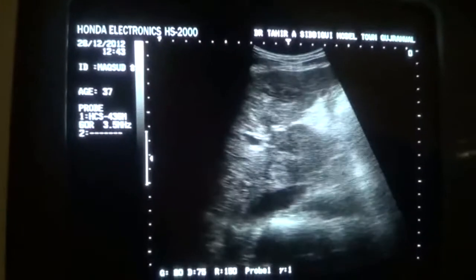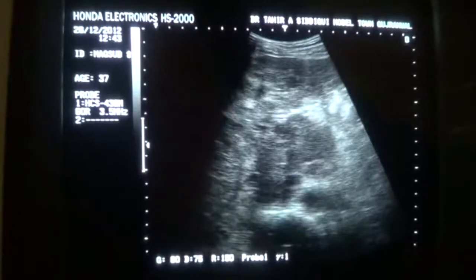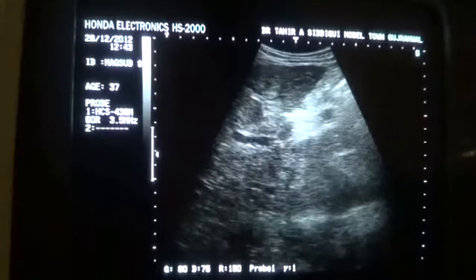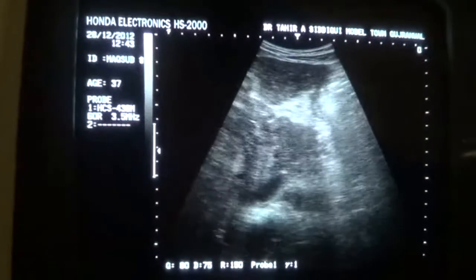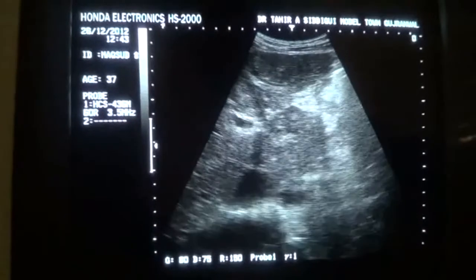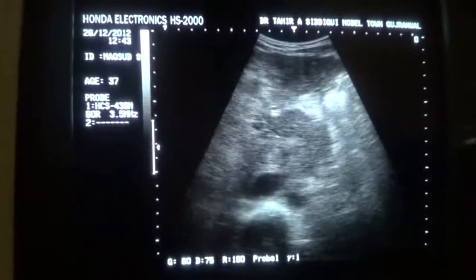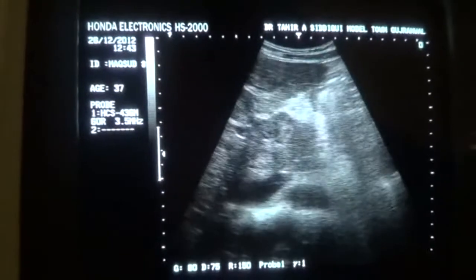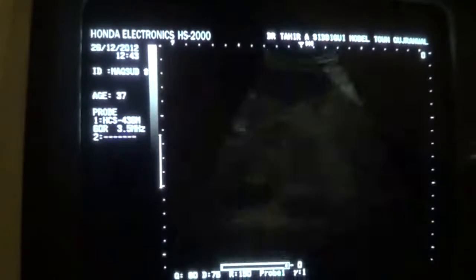Secondly, the portal vein is totally occluded by clot from its extrahepatic to intrahepatic location.